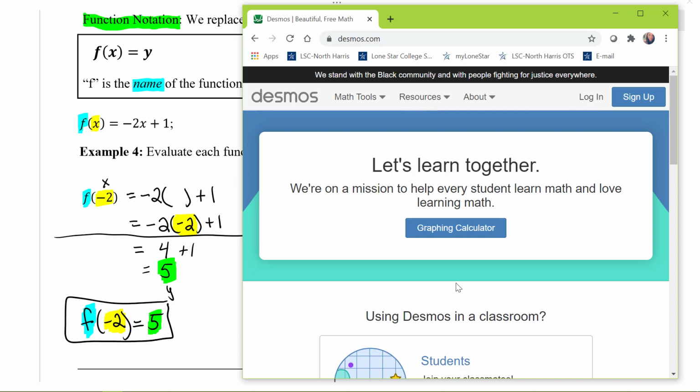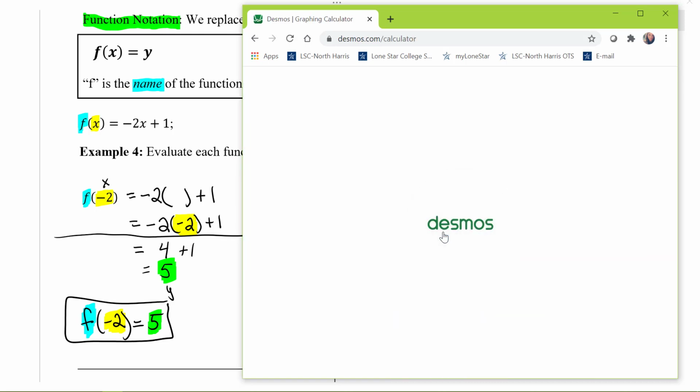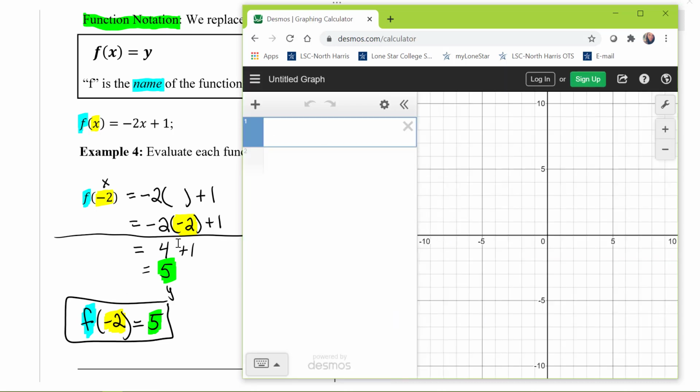Another thing that I would encourage you to do is to use Desmos. If you go onto a web browser, we have desmos.com. It's called Desmos, and that gives you an online graphing calculator for free, which is really nice. So if you were looking at -2 times -2 plus 1 and you really weren't sure what that was going to be, the calculator will actually do all of the order of operations for you.